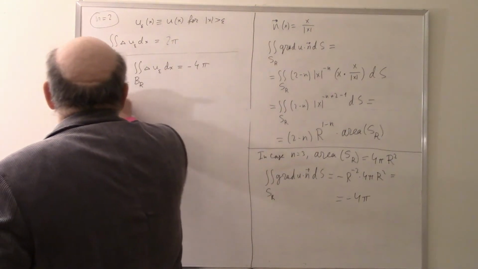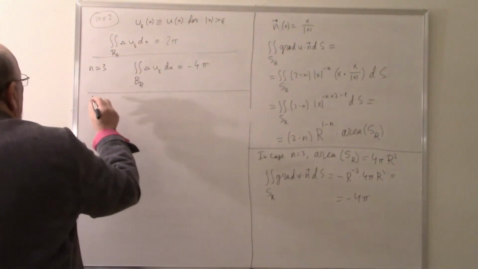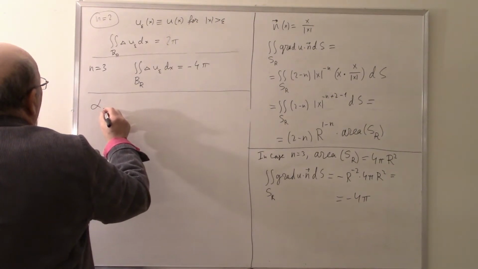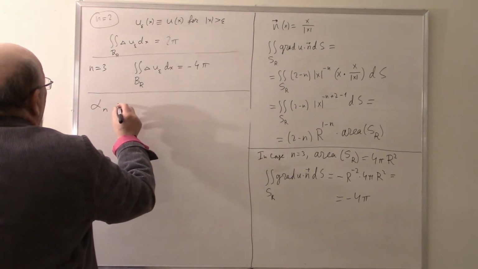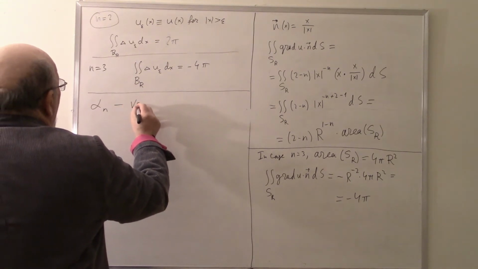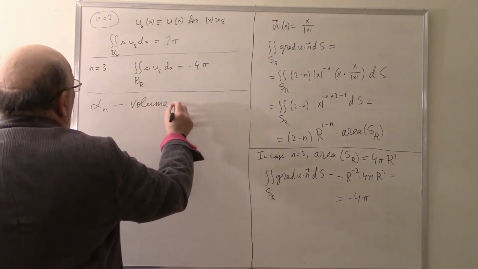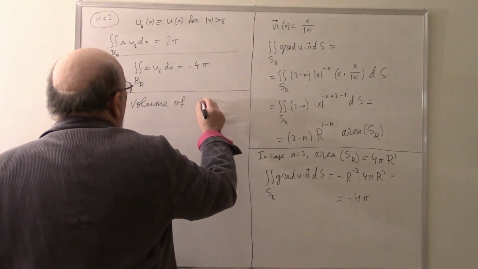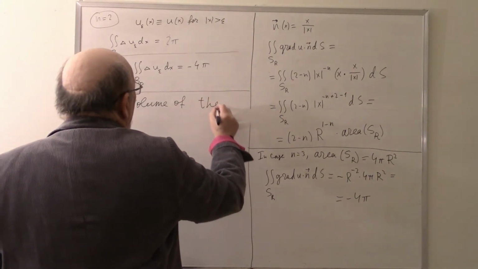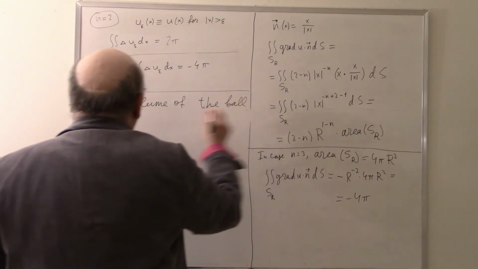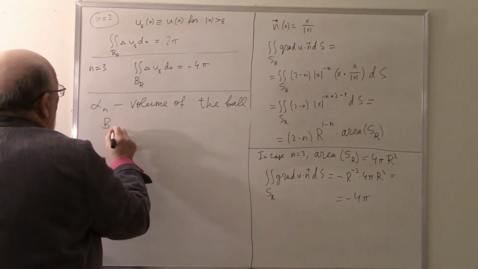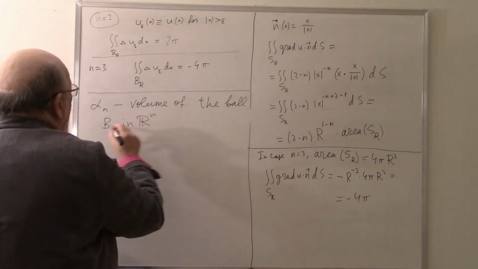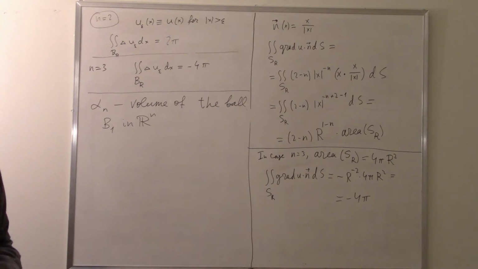So let α_n be the volume of the ball B_1 in R^n, the ball of radius 1.